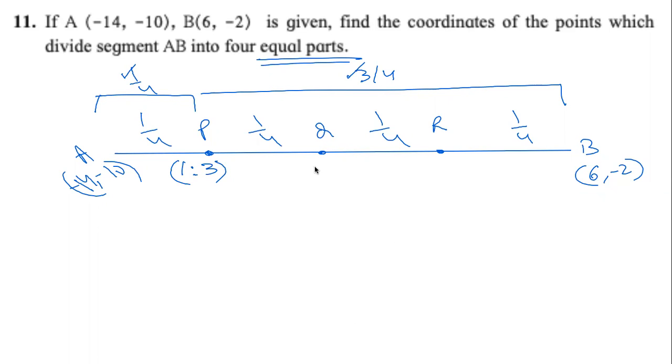What will be the ratio for Q? Some of you are saying 2:3, some 3:1. No, both of you are wrong. For Q, look at the screen again. For Q, we are taking this, and then we are taking this. Now try again.